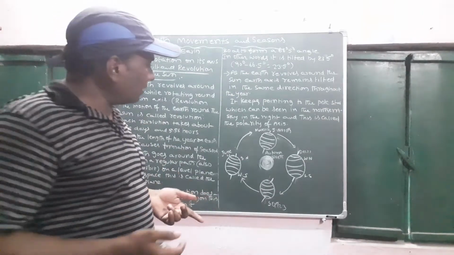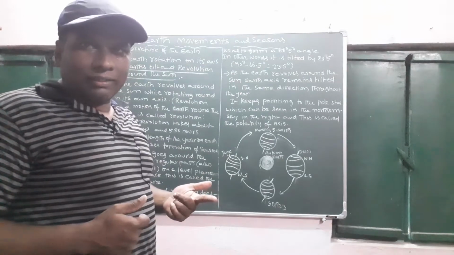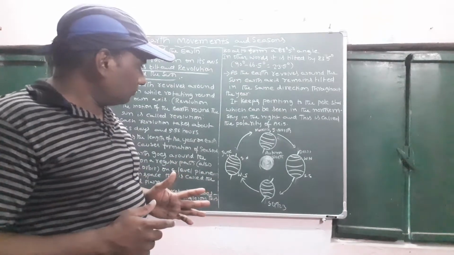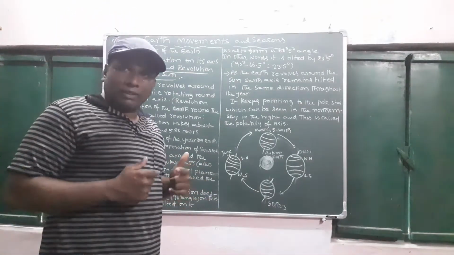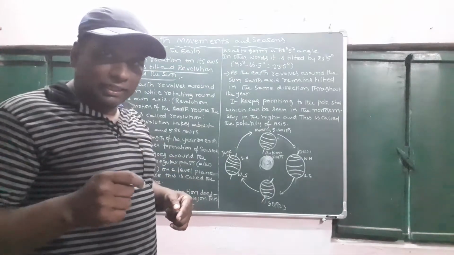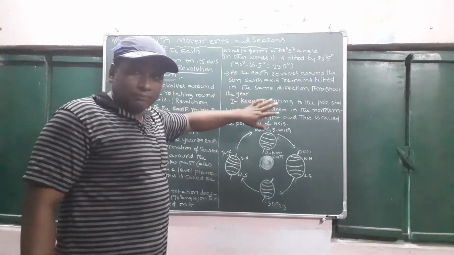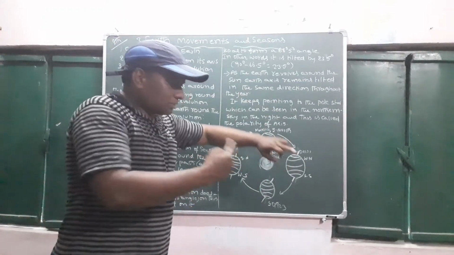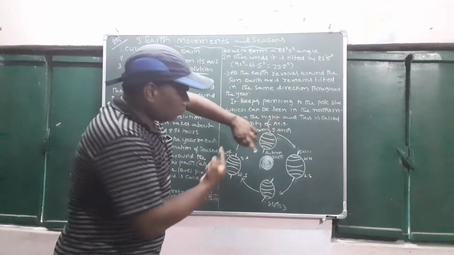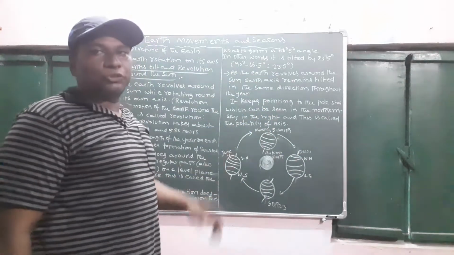Once again I will say, the earth moves around itself, then moves around the sun. That means earth rotates on its own axis at the same time as moving around the sun. Do you understand? That is called revolution.